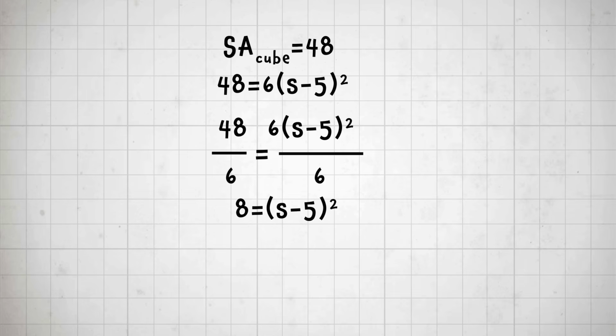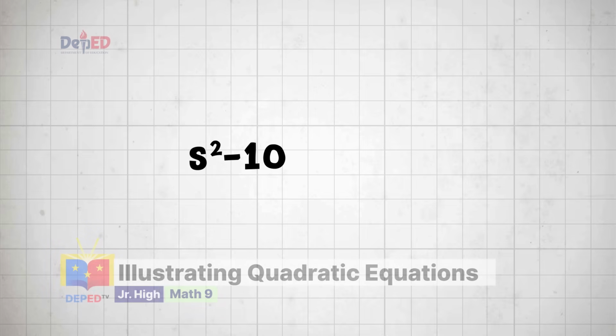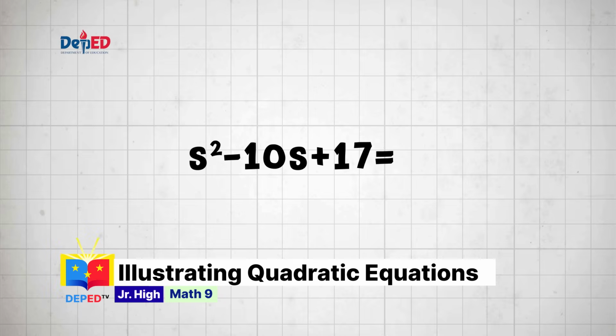Squaring the binomial on the right side, the equation now becomes 8 equals s squared minus 10s plus 25. We see that the highest exponent of the variable is 2. Thus, the situation illustrates a quadratic equation. Combining similar terms and writing the equation in standard form, the resulting equation is s squared minus 10s plus 17 equals 0.